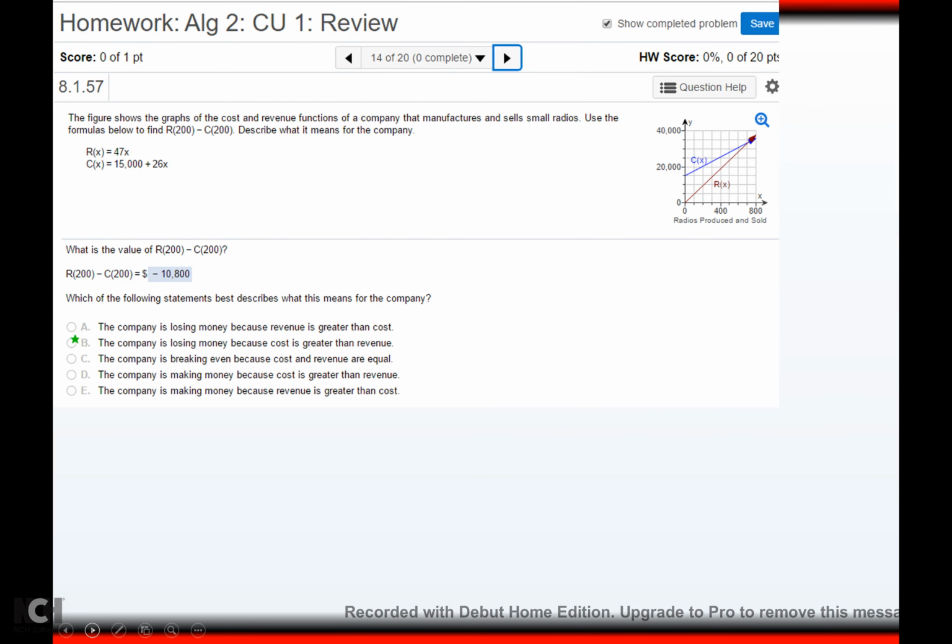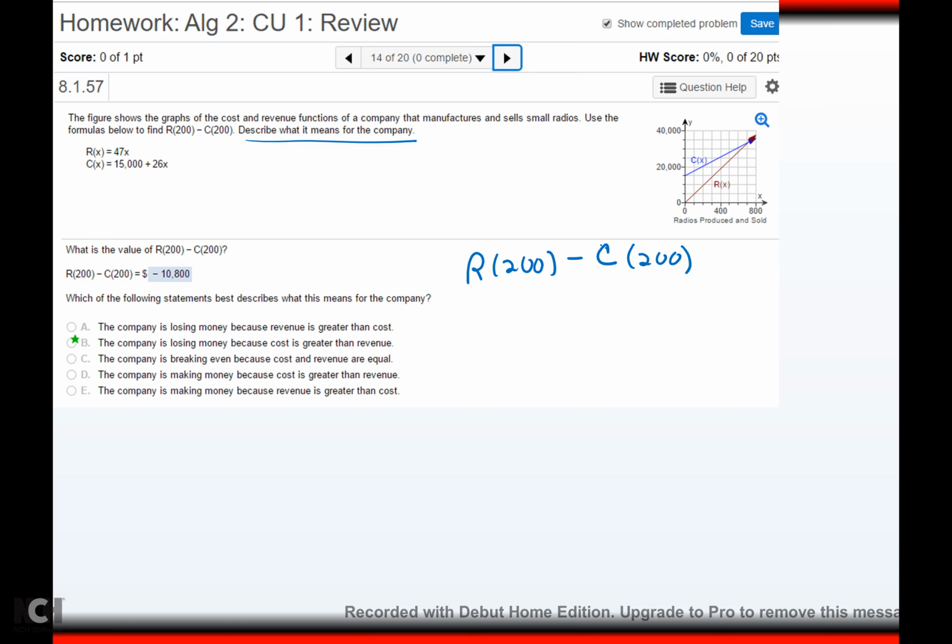Okay. It says the figure shows the graph of the cost and revenue functions of a company that manufactures and sells small radios. Use the formulas below to find R of 200 minus the cost of 200, and describe what it means for the company.